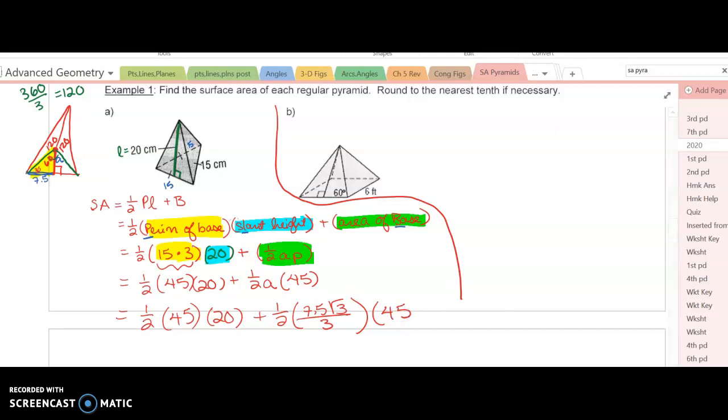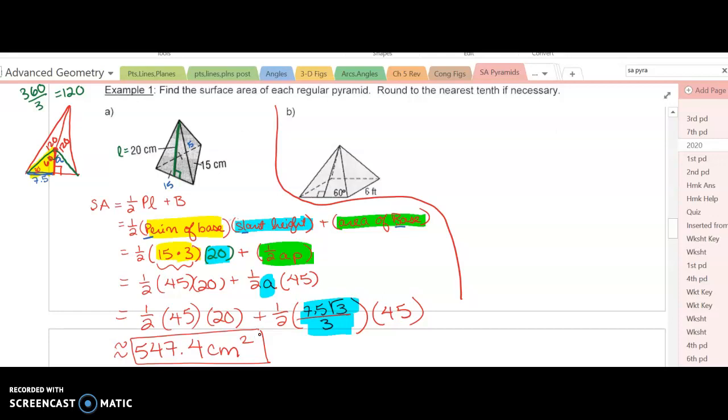Putting all this in our calculator, I'm getting 547.4 to the nearest tenth, and that would be centimeters squared.